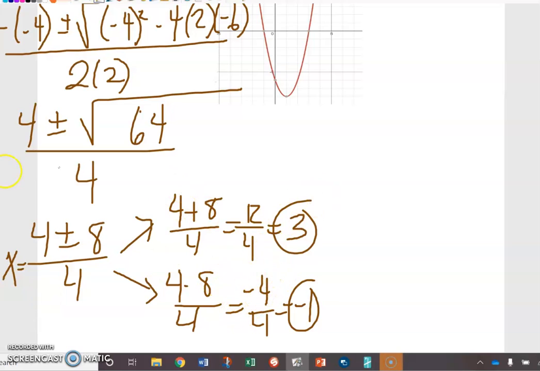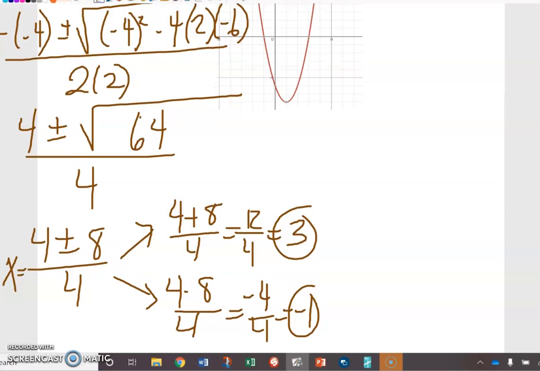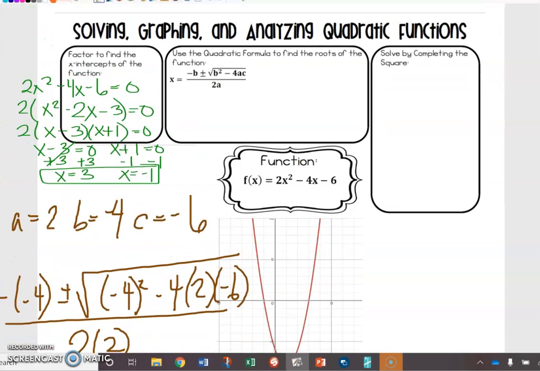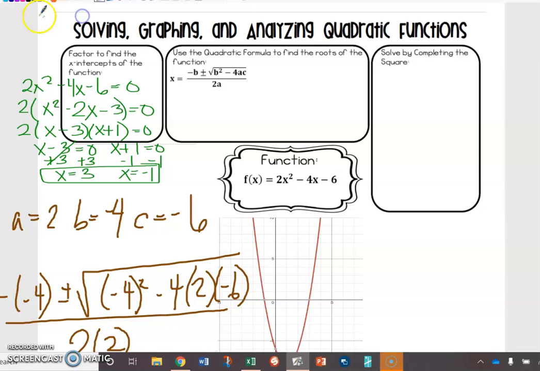Alright, and then the last box that we have on this page is the completing the square process. And to complete the square, the first thing we need is to move that negative 6 to the other side. So I'll do that right here.